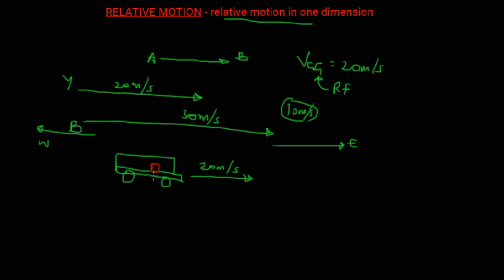Let's say that after some time the passenger moves backward inside the train at 5 meters per second. The passenger has a relative motion with respect to this train.